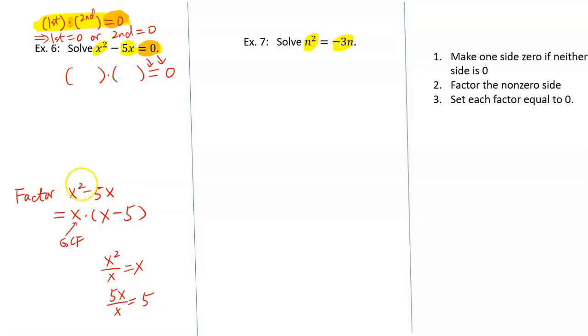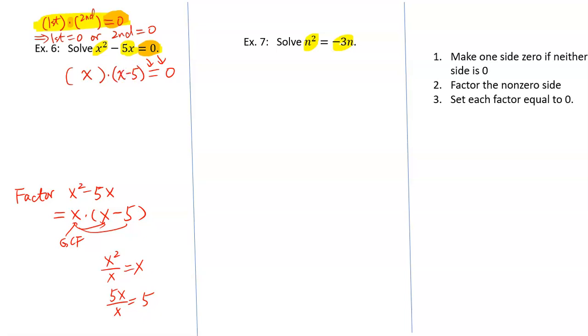In order to get x squared, you have to have an x inside the parentheses, because after you multiply, that will give you x squared. In order to get negative 5x, you have to have a negative 5 in the parentheses, because after you multiply negative 5 with x, that will give you negative 5x. So factoring is reversing multiplication. Now let me copy my answer up there.